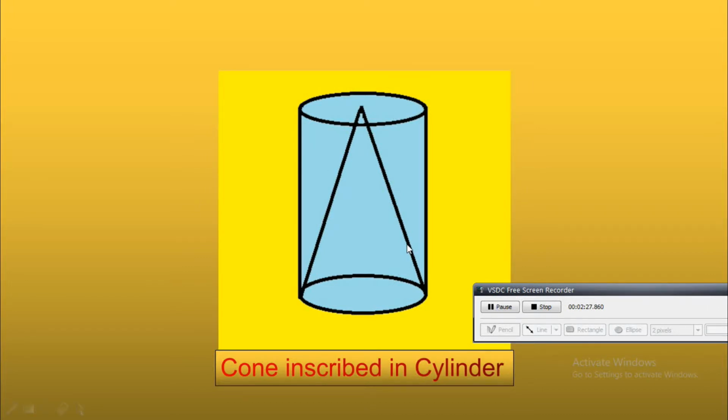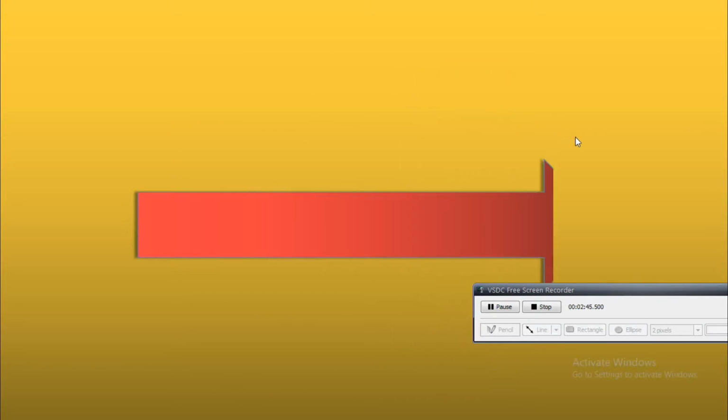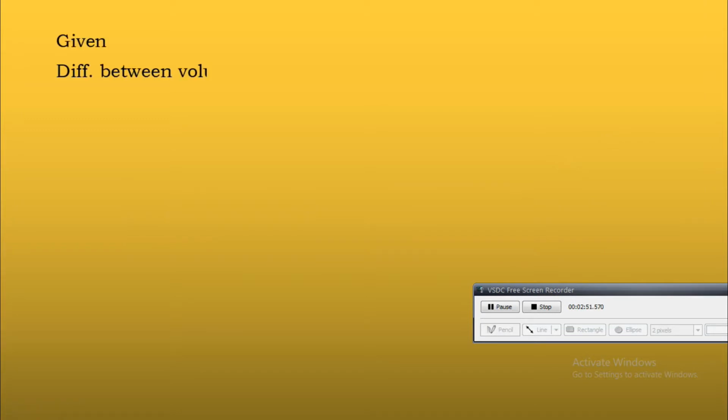Here's the drawing of this problem. The cone is inscribed inside the cylinder, because the cone is made from the cylinder, so we can write it as a cone inscribed in the cylinder. Take some time to solve this, and here's the solution.